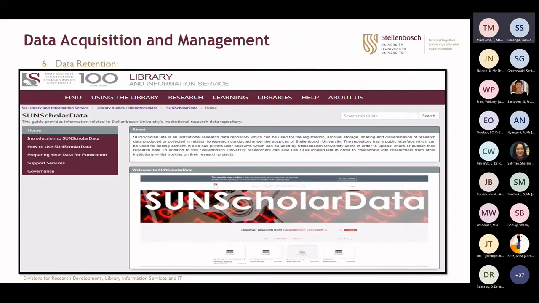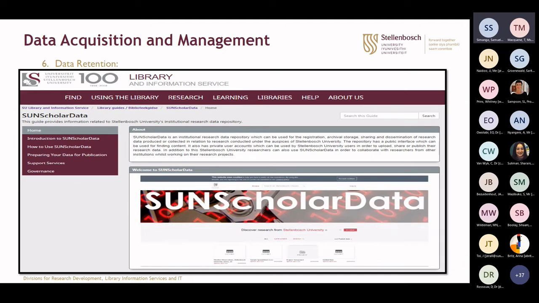When it comes to data retention, the RDM regulations indicate that if you were to publish your research data on SunScholar Data, the institutional data repository, the data would be held for a minimum of 10 years. So that's a very important consideration to keep in mind.